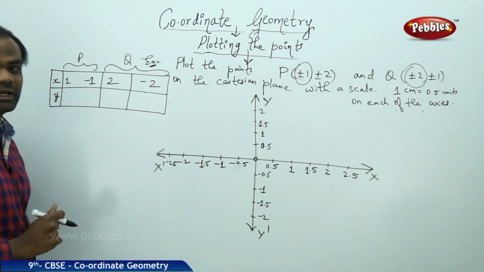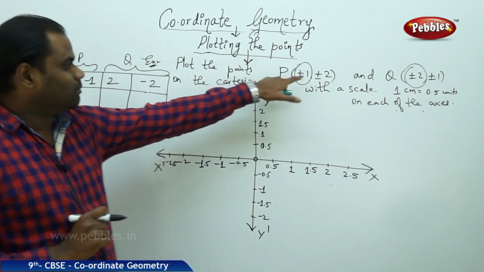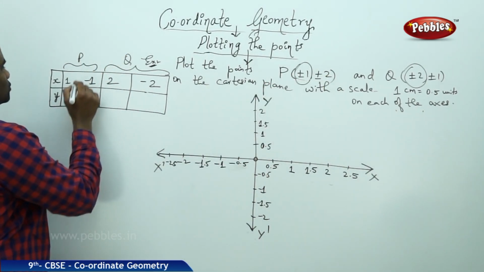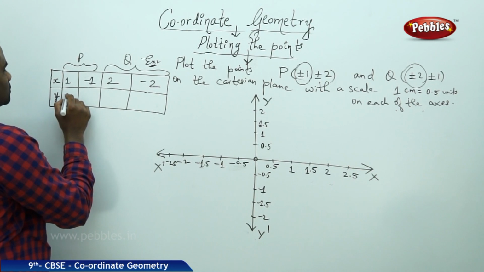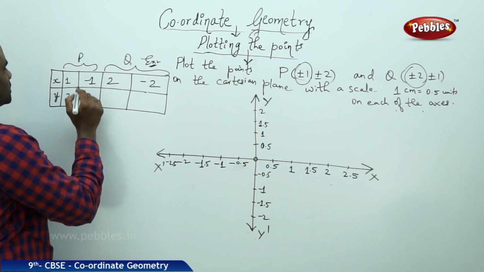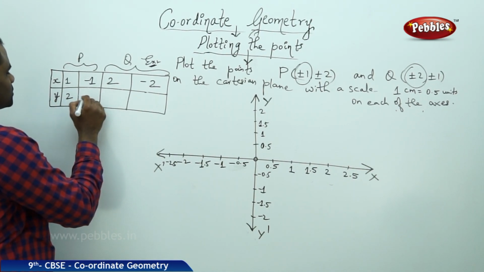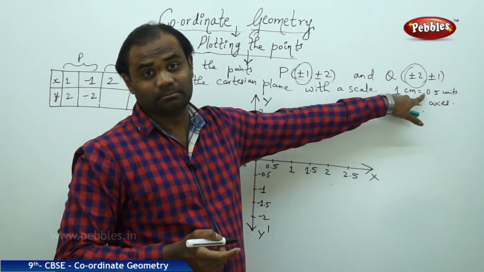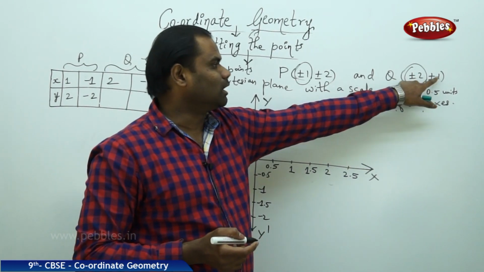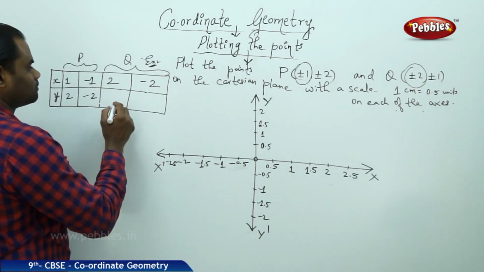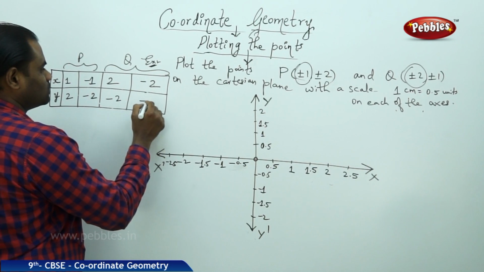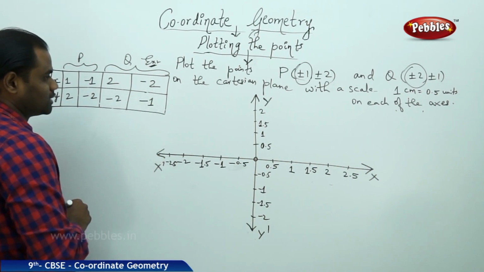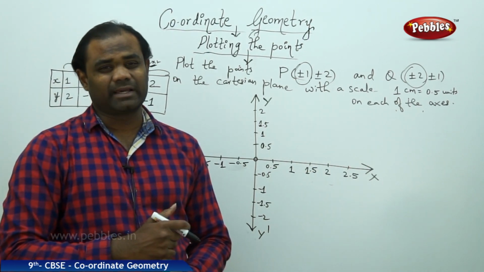Then I have x equals 1 implies y equals 2, and x equals minus 1 implies y equals minus 2, is how I understand this problem. Therefore, 2, 1 and minus 2, minus 1 is what we get as the coordinates plotted on the x-axis.